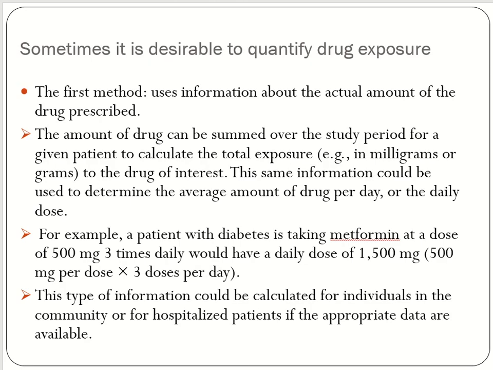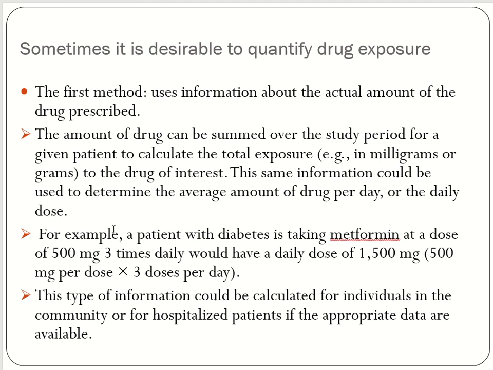Sometimes it's desirable to quantify the drug exposure rather than just a yes and a no. So the first method uses information about the actual amount of the drug prescribed. The amount of drug can be assumed over the study period for a given patient to calculate the total exposure up to the drug of interest. This same information could be used to determine the average amount of drug per day, or the daily dose.